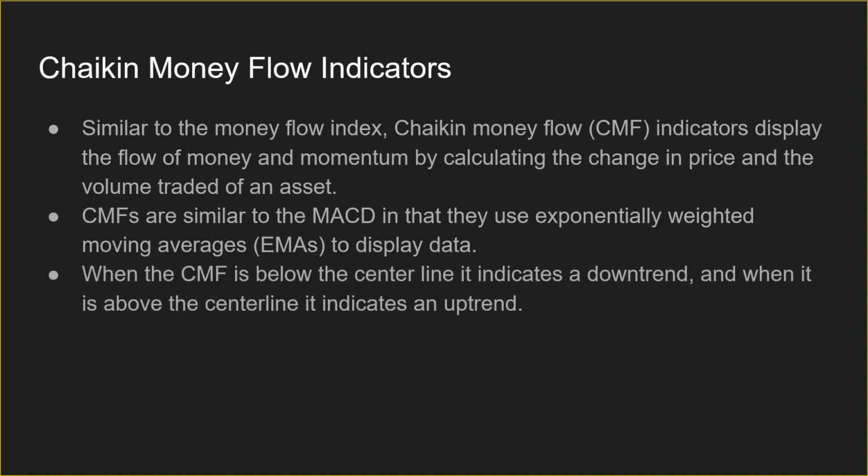Now, when the CMF is below the center line, it indicates a downtrend. And when it's above the center line, it indicates an uptrend. This is a reoccurring theme with oscillators, particularly what we saw with the RSI, the stochastic RSI, the money flow, where these different indicators are based on a set range, 0 to 100, and anytime it crosses over or holds above that center area, that indicates a strong uptrend or a continuation of an uptrend.